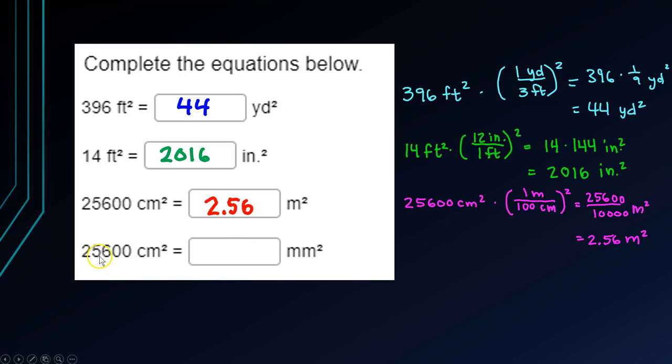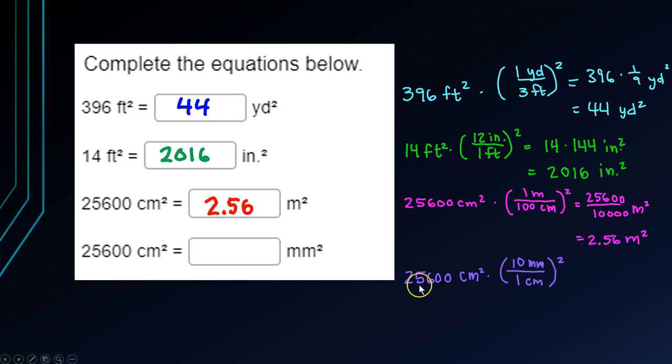Now I'm going to take that same 25,600 square centimeters, and I'm going to convert it to millimeters squared. I know that there are 100 centimeters in a meter, and that there are 1,000 millimeters in a meter. So there are basically 10 times as many millimeters as there are centimeters. So 1 centimeter is 10 millimeters. But again, I want square units involved.